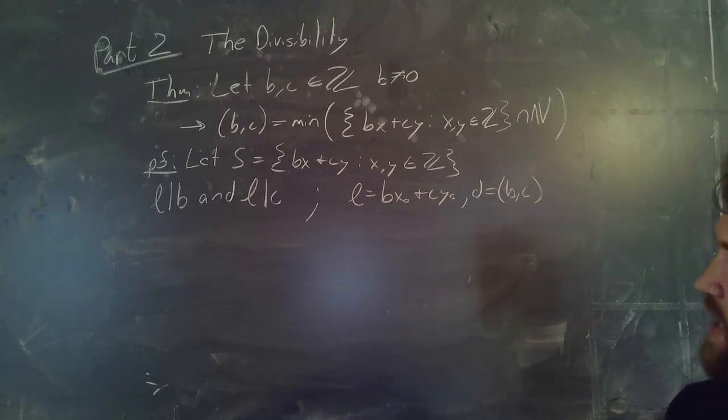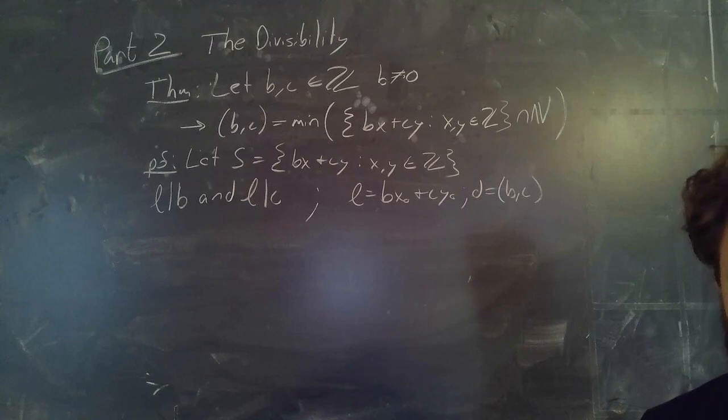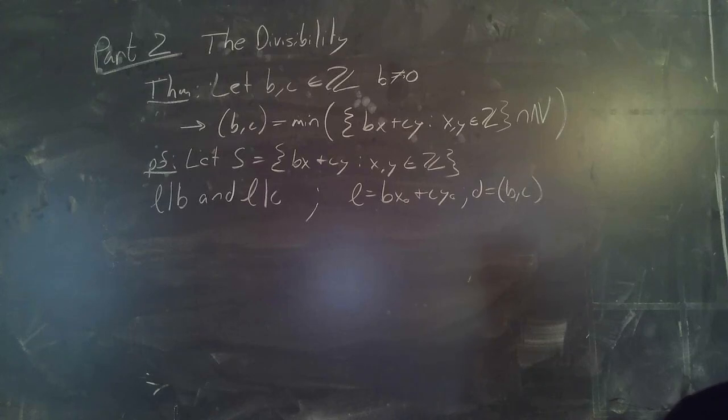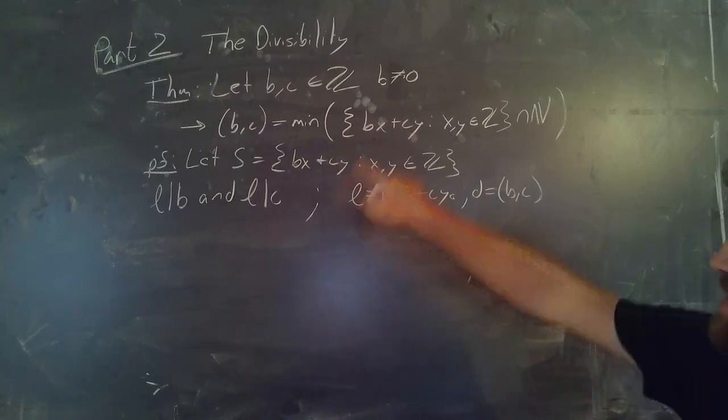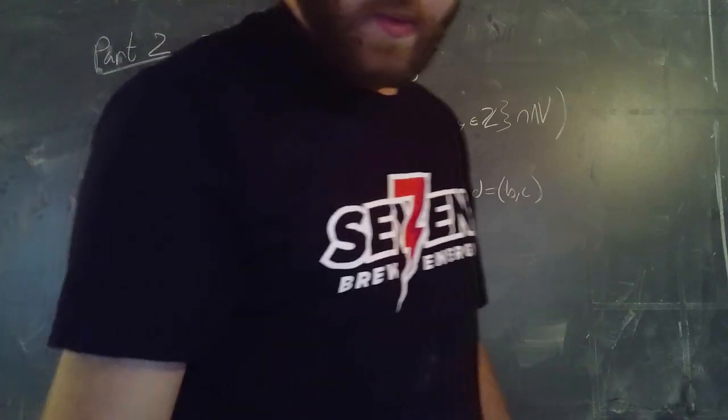Furthermore, we have proven that L must divide b and L must divide c. So now what we have to do in the proof is to connect the object L with the greatest common divisor d to show that L must equal d, and therefore the only thing that we can arrive at from this is that the greatest common divisor of b and c is the minimal element drawn from this set.